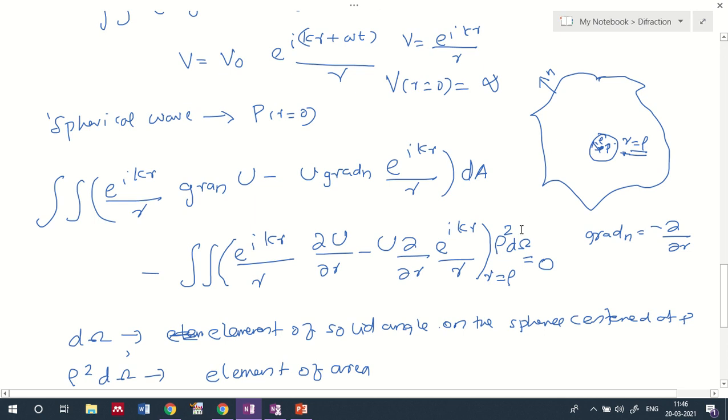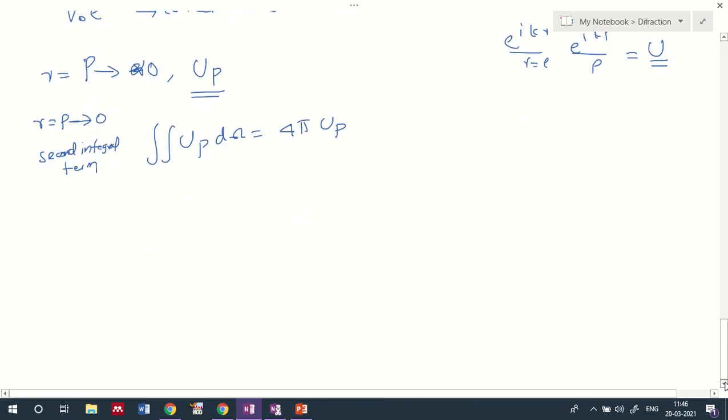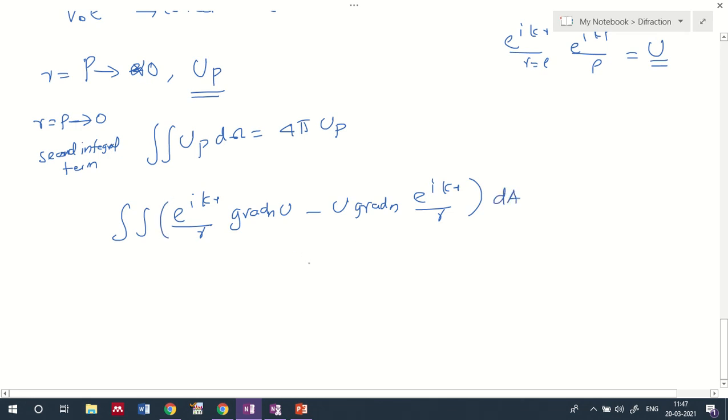Substituting that here, you will get the equation as: double integral of e^(ikr)/r gradient n u minus u gradient n e^(ikr)/r dA, which is equal to 4π up. Now if you want to find up, you will have 1 by 4π.